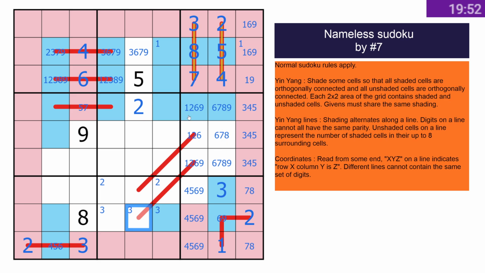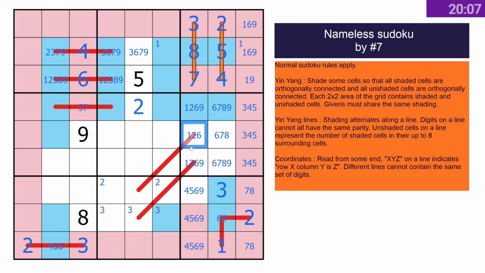No, I can't remember if there's stuff I did before. Don't think so. Any other yin yang stuff? Not that I can see.